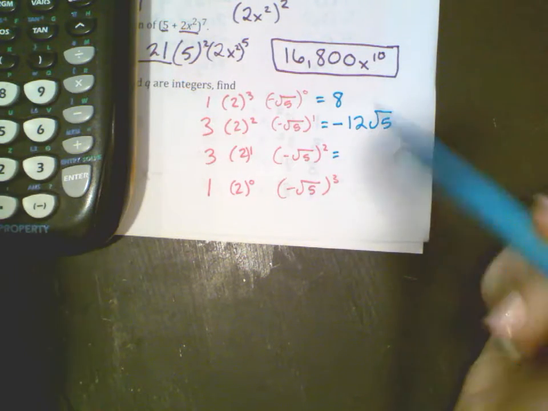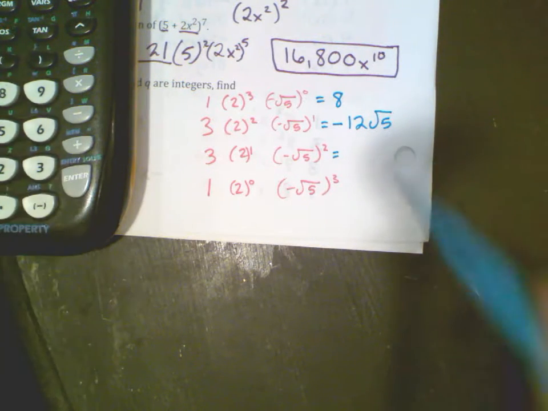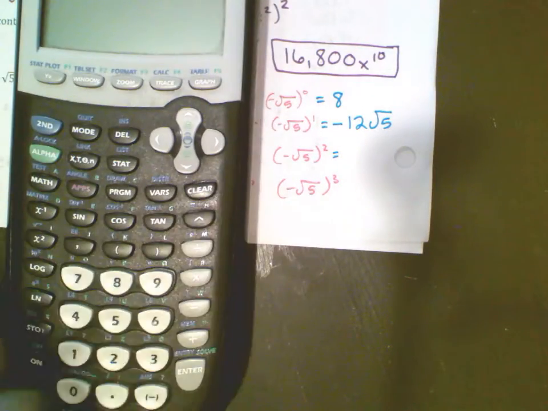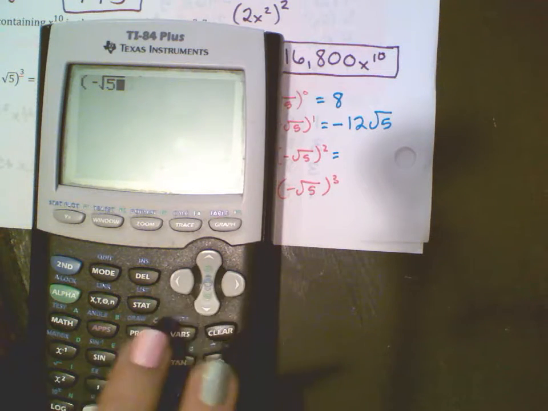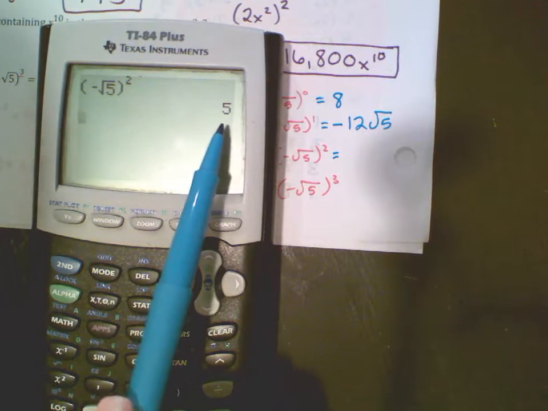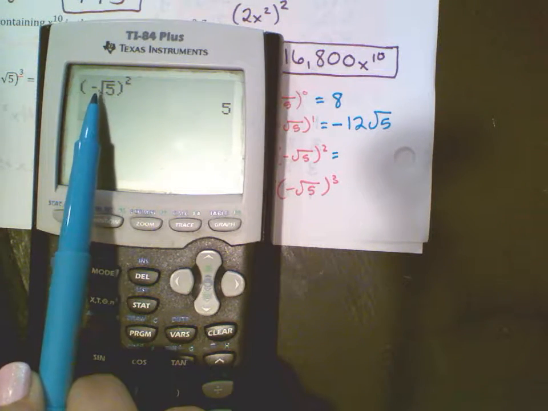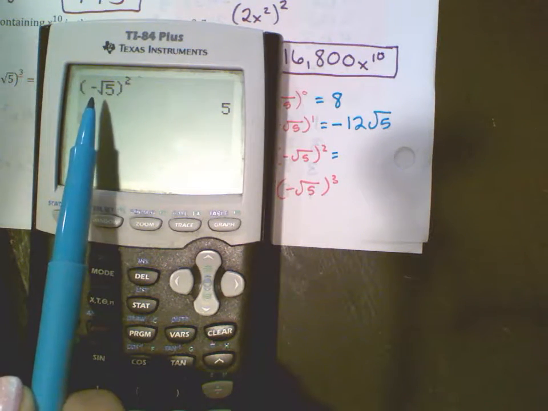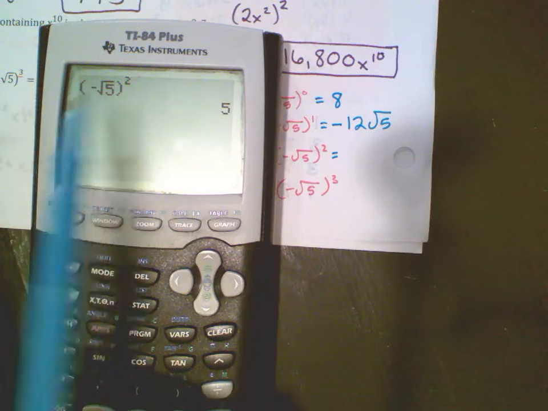Now, anything that is square rooted and then squared is going to cancel each other out. So, for instance, if we have negative square root of 5, when we square that, we're going to get 5, because we have the square root of 5 squared, which is 5, and then a negative 1 in front of that, that's also squared.